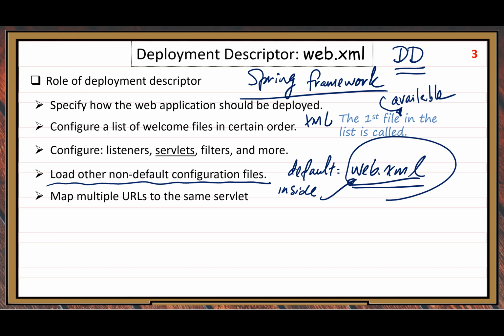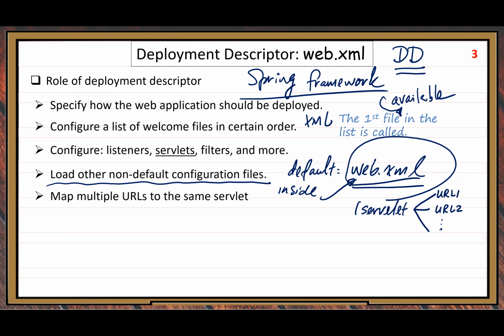One-to-one correspondence based on our intuition and logic. All right, but actually it's not the case. One servlet you can map to multiple URLs: URL1, URL2, and so on.